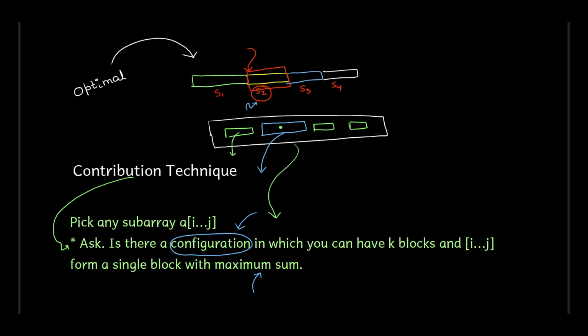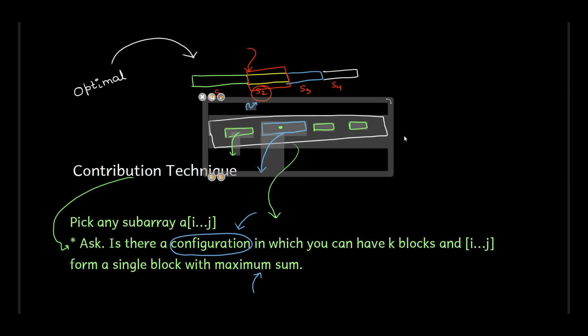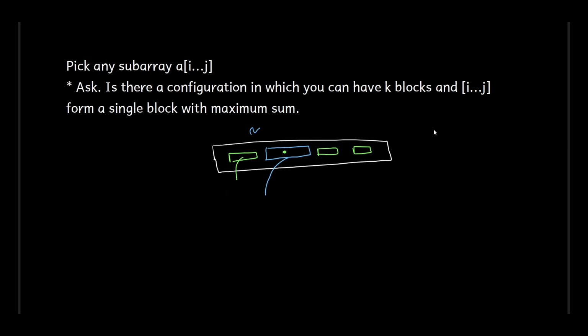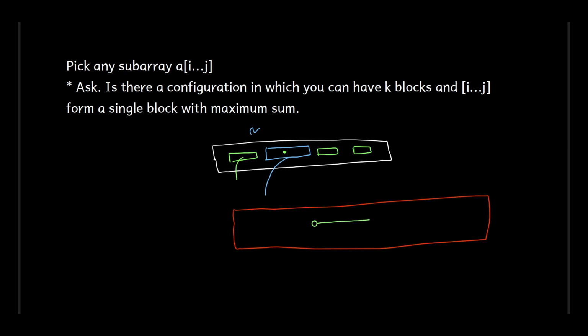We have our array over here. Okay, now you can notice that if you have this big array and you want to apply the contribution technique, basically you want to fix any subarray from i to j.